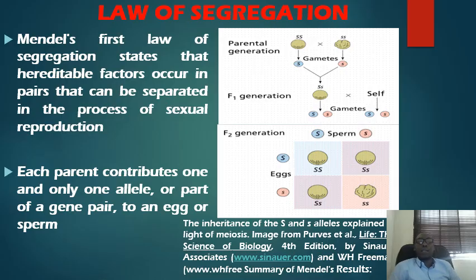As seen in the diagram here, this is parent 1 with capital S, let's say for smooth seeds, and this is parent 2 with small s for wrinkled seeds. They produce only one gamete out of these two pairs. It's segregation. It segregates to get just one out of the gene pair. Same thing with the other parent.